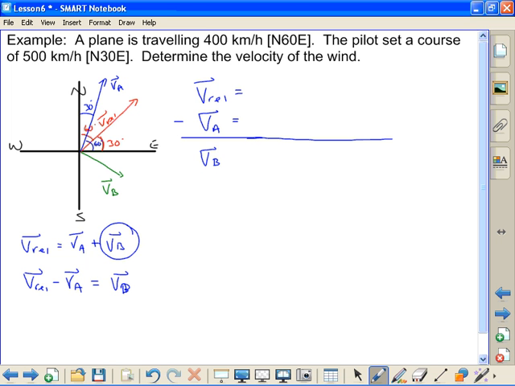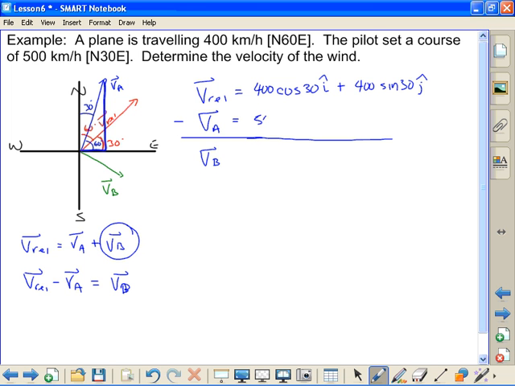So relative velocity, we know that it is a magnitude of 400. And again, positive x, positive y, so it's going to be positive in both cases. So 400 cos 30 i plus 400 sine 30 j. VA is positive in both x and y components.